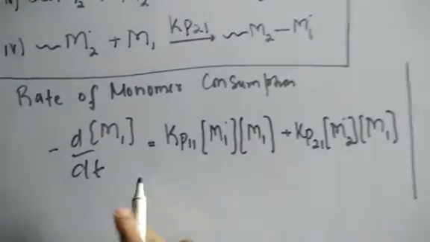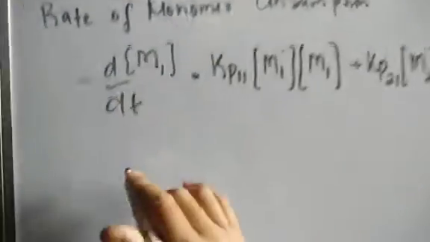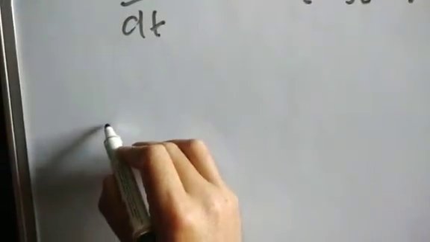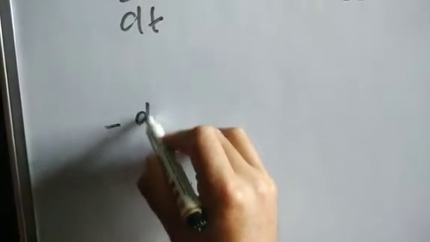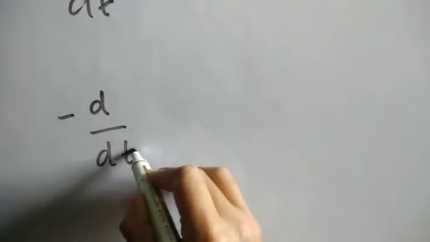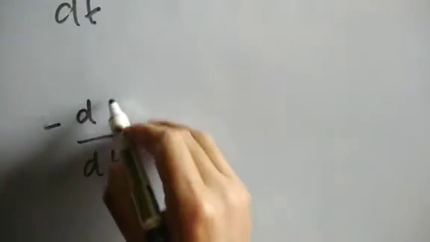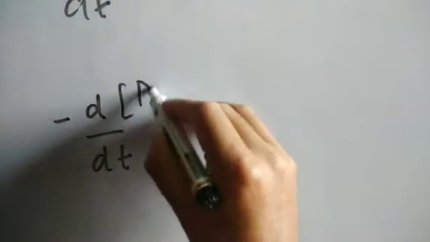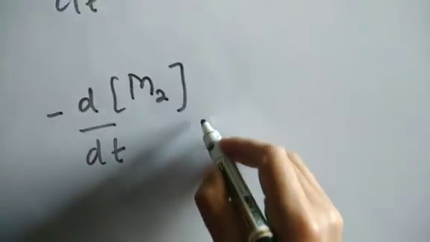So that is the rate of monomer consumption of M1. Likewise, we'll calculate the rate of monomer consumption of M2. It can be calculated through the steps where M2 is consumed.